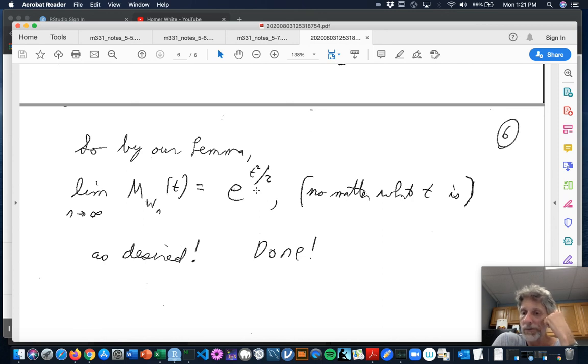Not all random variables with finite means and standard deviations have a moment generating function. So this is really an early version of the central limit theorem. I believe its proof was probably known sometime in the 1800s. But the proof of the central limit theorem, as stated in the book, early on when we met it in section 5.6, I don't think that was done until 1927 or so. I think it was a Russian mathematician named Levin who managed to do it. So quite a feat, the central limit theorem.